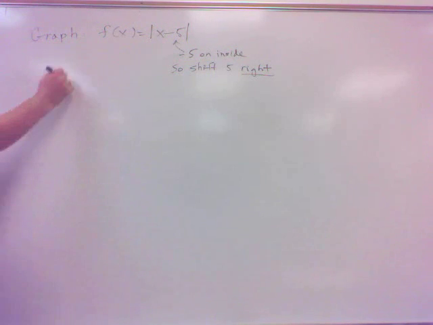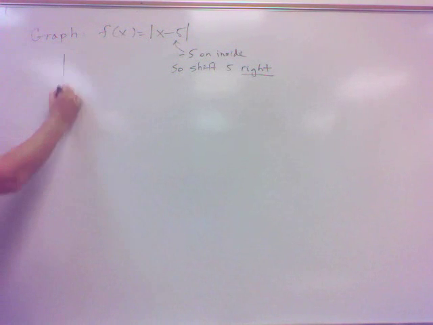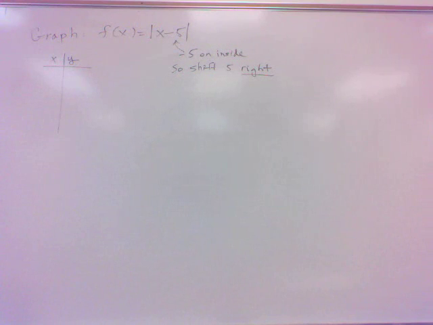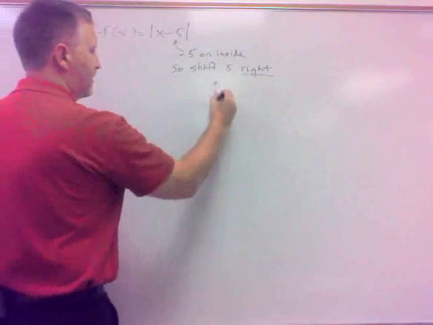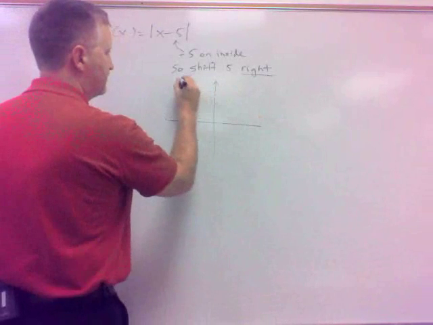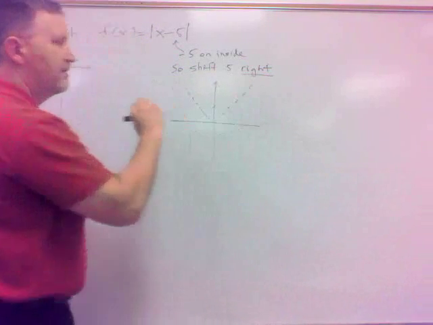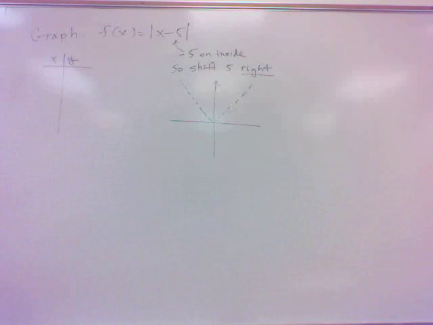So that's what we should be thinking. Okay, well, now this brings up the point here. Since I'm shifting, let's think about it. I'm shifting this graph, the absolute value graph, 5 units, and it's going to the right.